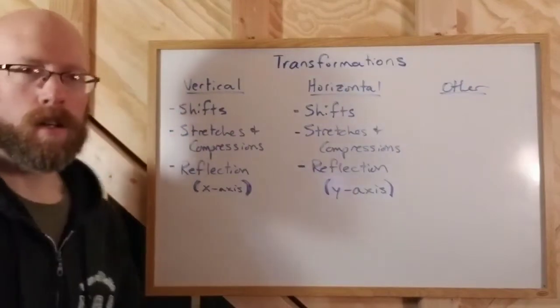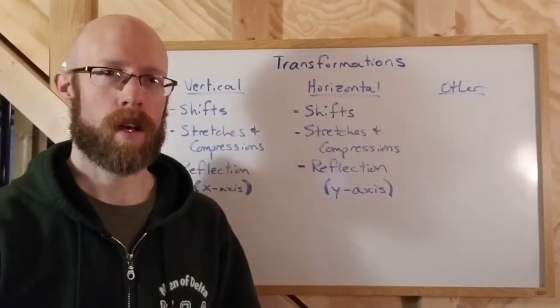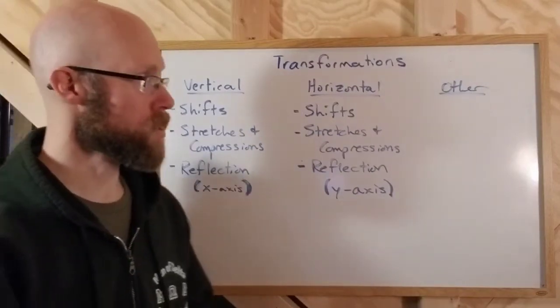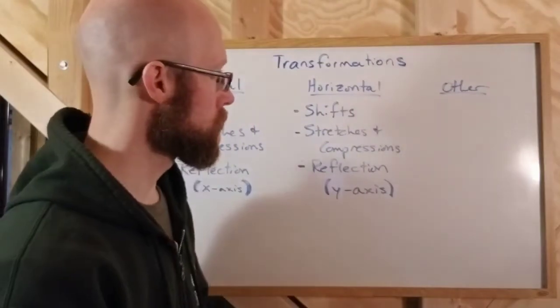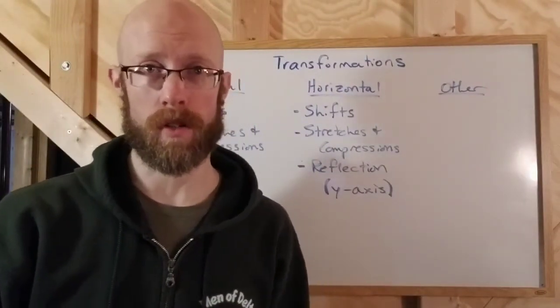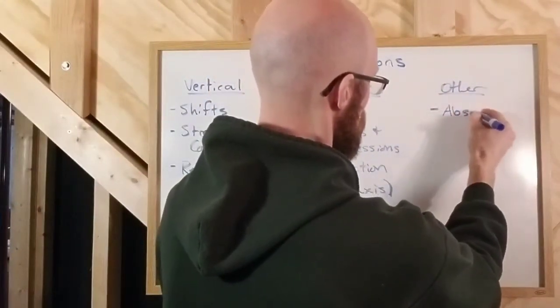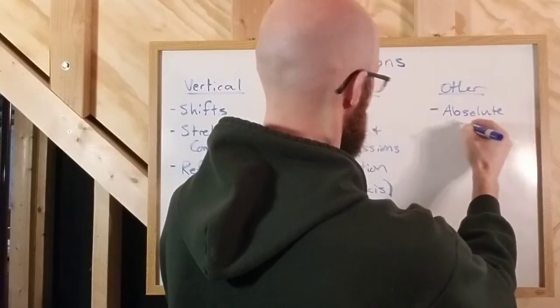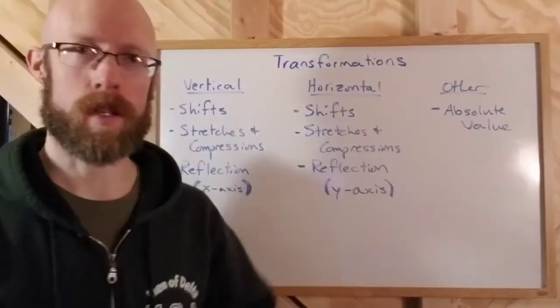Okay, so those are the main categories of transformations. Now, under the other category, you can do things like take the absolute value of a function, for instance. That's the main one we're going to see.